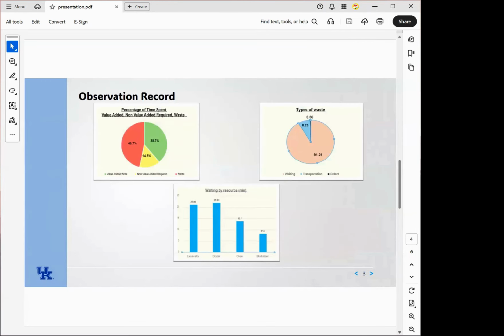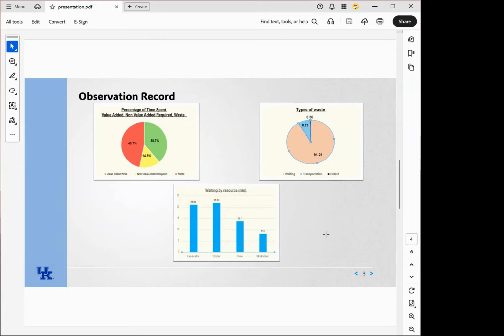Then does anybody want to go into these observation records? Yeah, so the graph on your top left with the vibrant colors, the red is the waste and the green was the value added, and then the yellow was the non-value added required work that happened while we were there. So the yellow was mainly just the maintenance.